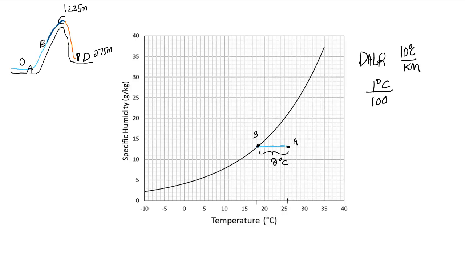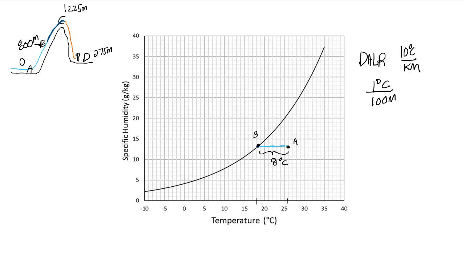I can do this in my head. To get 8 degrees of decrease in temperature, we have to rise 800 meters. So we know that point B happens at 800 meters.